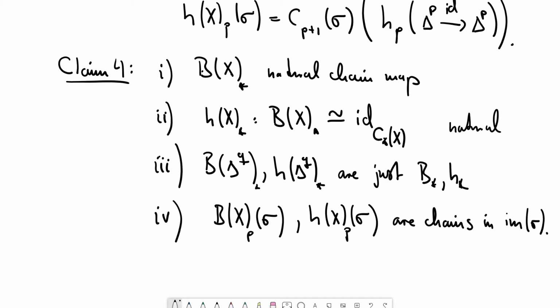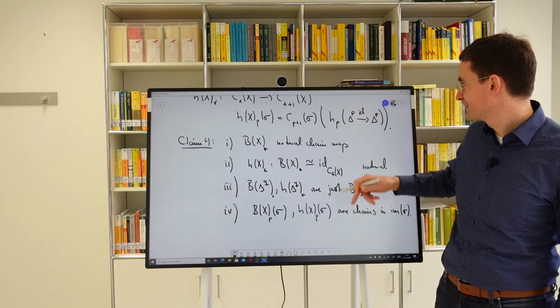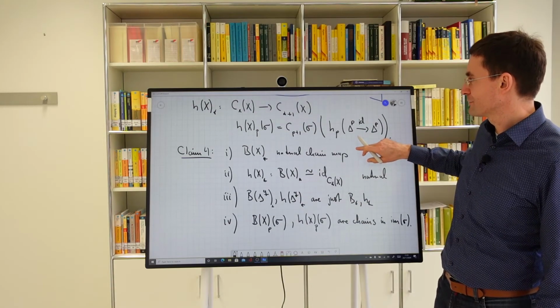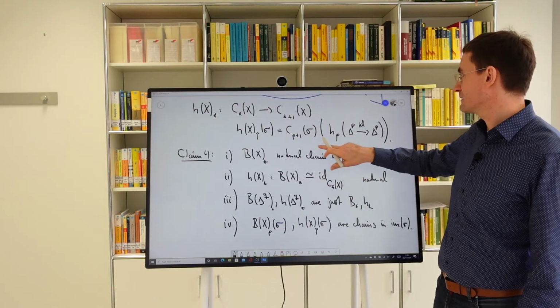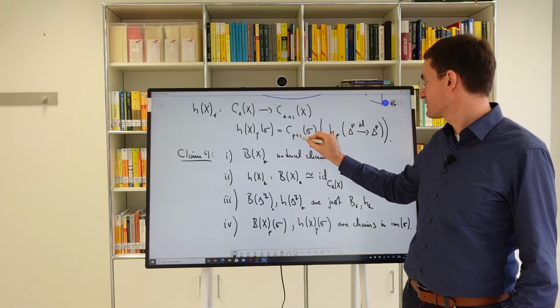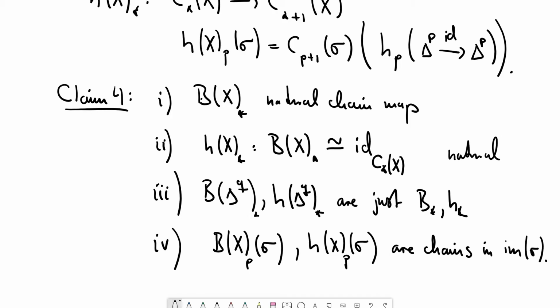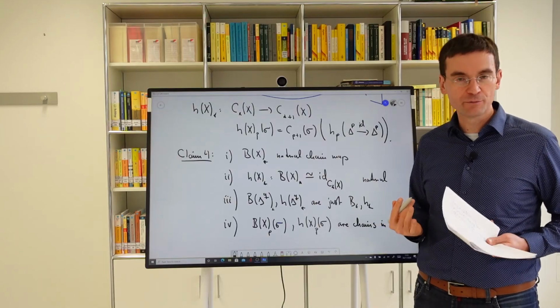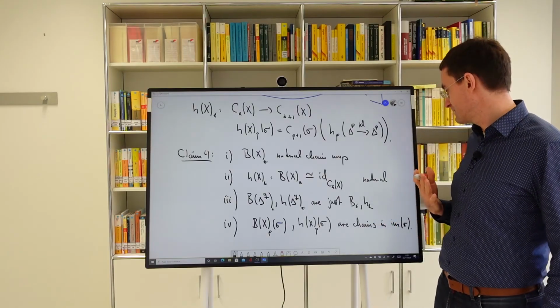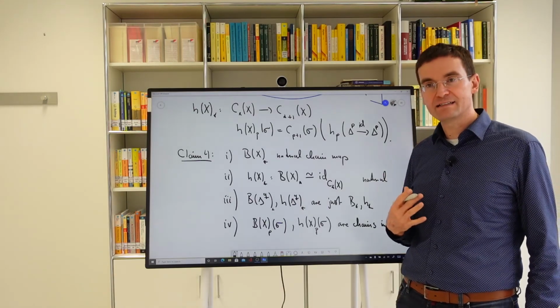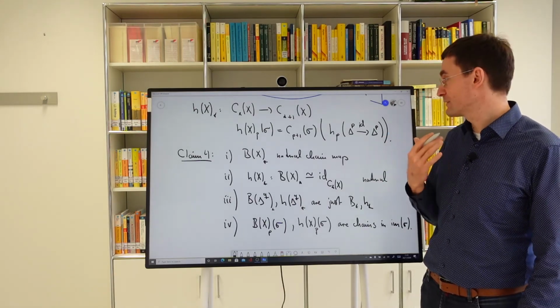So this extension is somehow localized. And you see that, of course, from the definition. So let's look at the definition that's still here on screen, the definition of HXP of sigma. You do something completely within delta Q, and then you apply Cp plus 1 of sigma. And therefore, all the singular simplices in this linear combination are singular simplices whose image lies in the image of sigma.